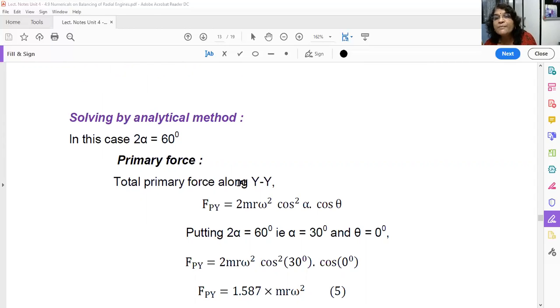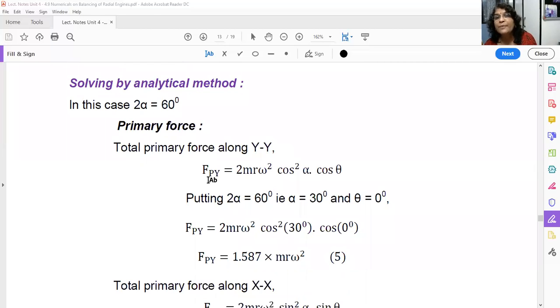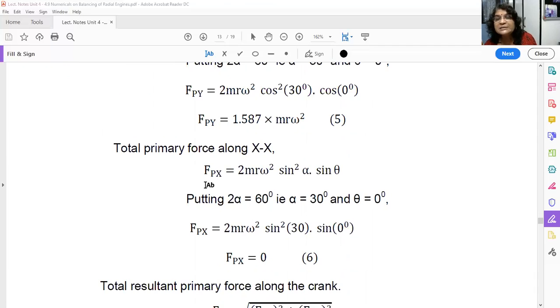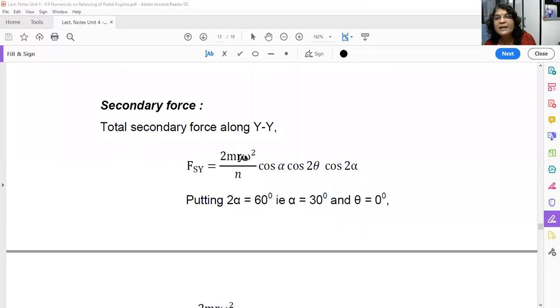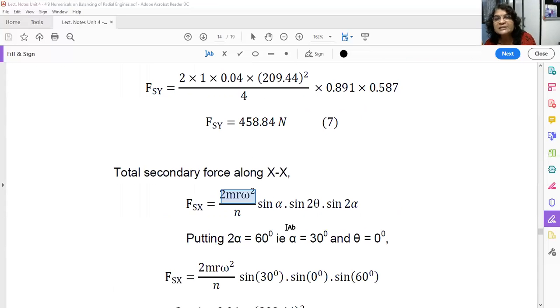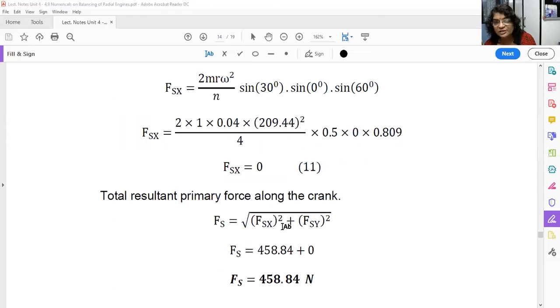Plus, you have to remember these four formulae. Primary unbalanced force along the y direction. Then the primary force along the x direction, this is another formula. Similarly for secondary also. For the secondary force along the y direction, this is the formula. And for the secondary force along the x direction, this formula. And you have to finally add them, vector addition. Okay.